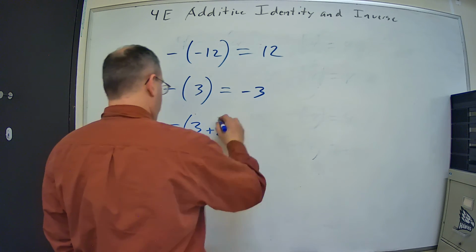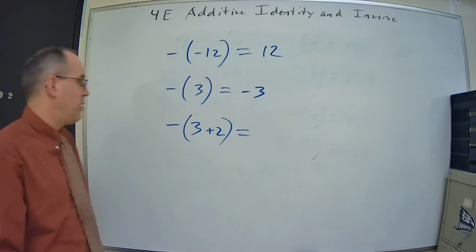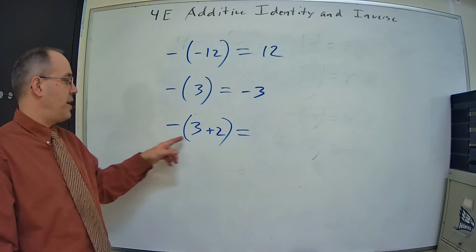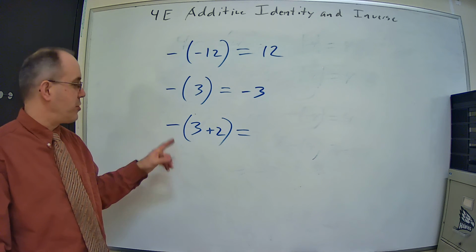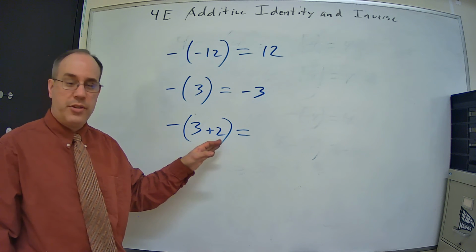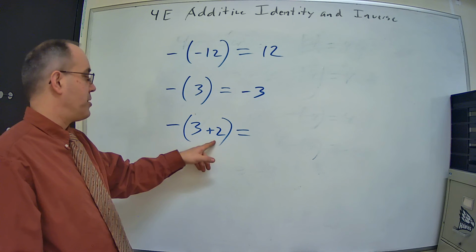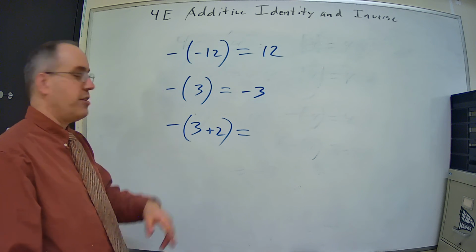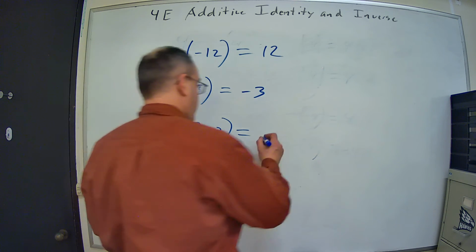Now, the negation of 3 plus 2. Well, now we're not subtracting from something; what's going on here is the negation. We can say 3 plus 2 is 5, and the negation of that is negative 5.